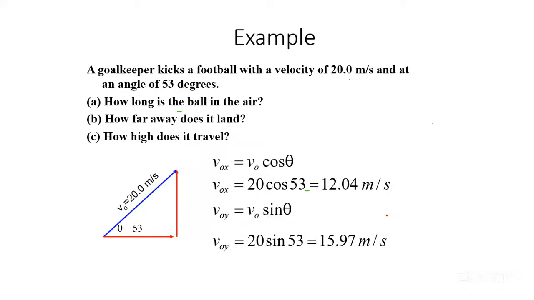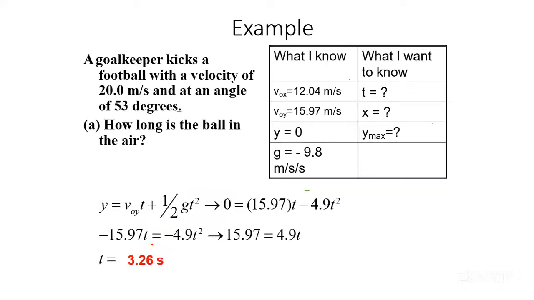So now we have the initial velocity given to us. We have the angle. We can find the horizontal and vertical component, or we can go ahead and solve using the equation given to us.